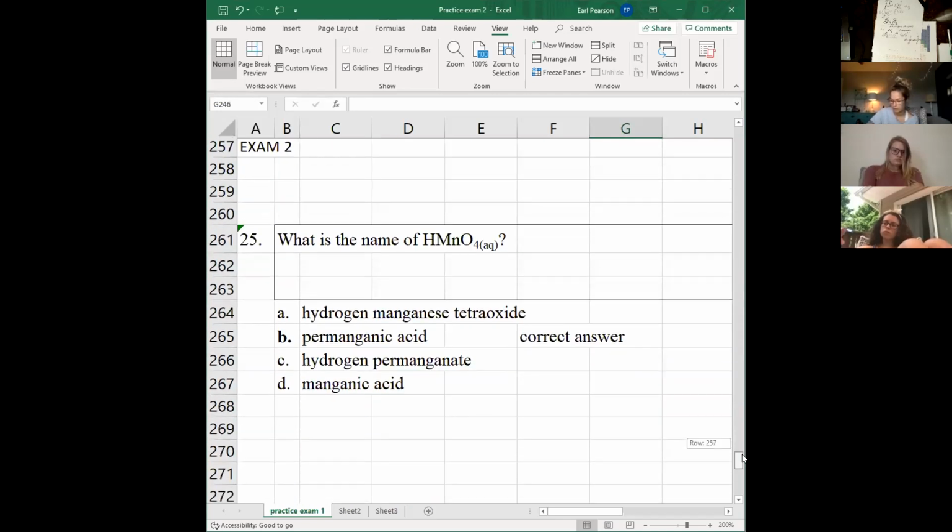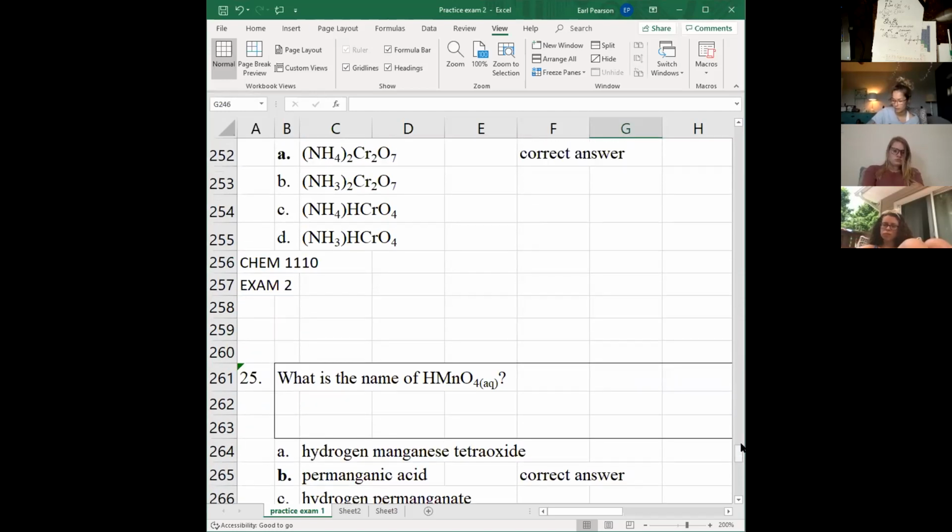Now, number 25, it's nomenclature also. I'm naming an acid. You know, this is an aqueous acid, HMnO4. I'm going to look at this and I'm going to remember permanganate.